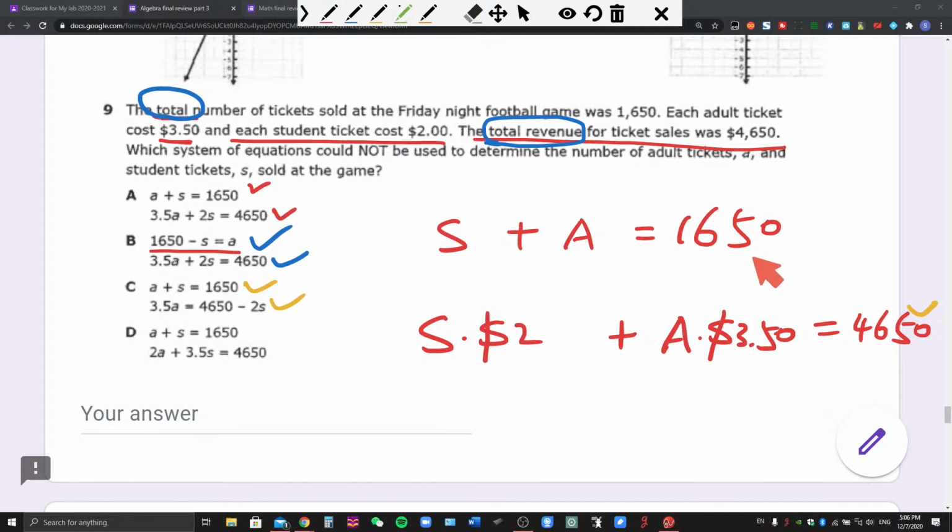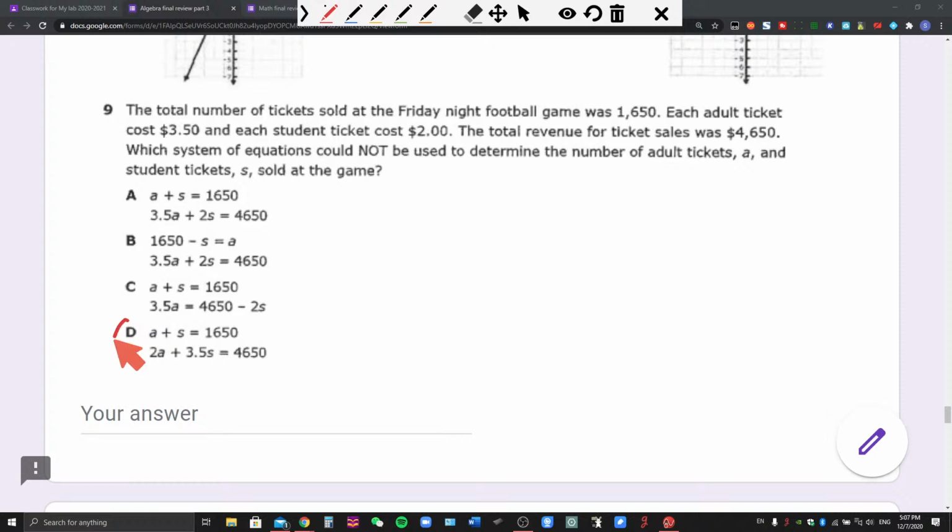A plus S, 1650, that's right. 2A plus 3.5, that's wrong, because A is 3.5, so it's 3.5A, not 2A. And 2S, so these are wrong. That means the last equation was wrong. So D cannot be the system of equations. All the others are correct, but D is wrong. So the answer will be D.